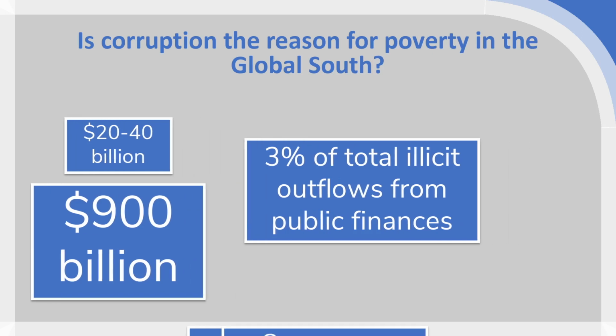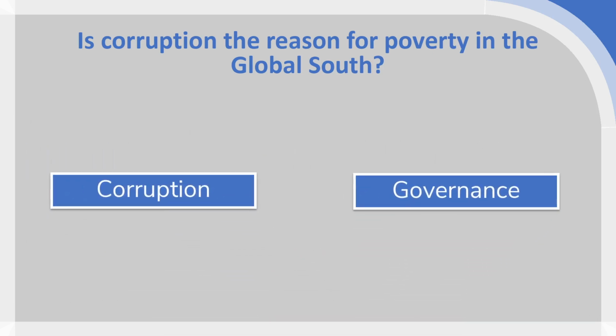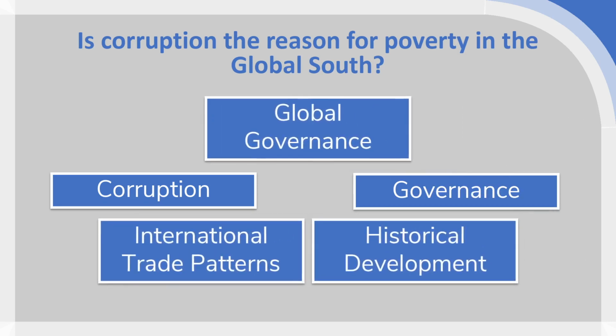So if we are going to consider things like corruption and domestic governance as significant issues underpinning poverty, and we certainly should, particularly when it comes to domestic governance, then we also have to bear in mind that there are much larger and more significant issues that need to be tackled to really get a full understanding. So global governance, including global economic governance, international trade patterns, as well as the behavior of multinationals and international businesses, as well as historical development, which is often underplayed.